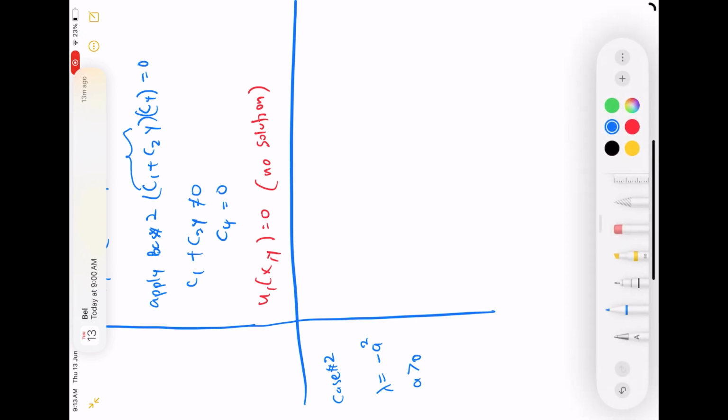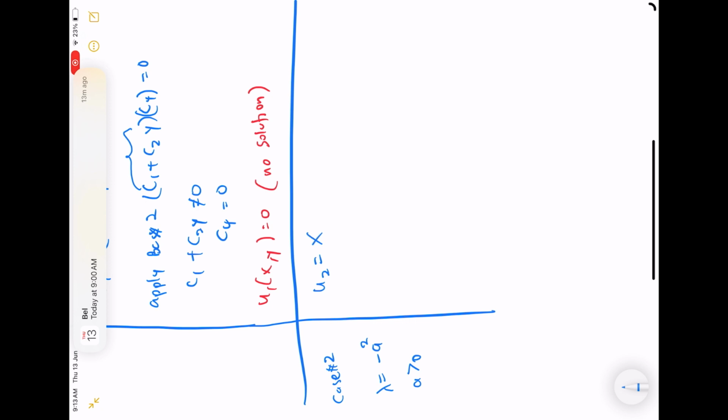Our u2 is equal to X(x) multiplied by Y(y).